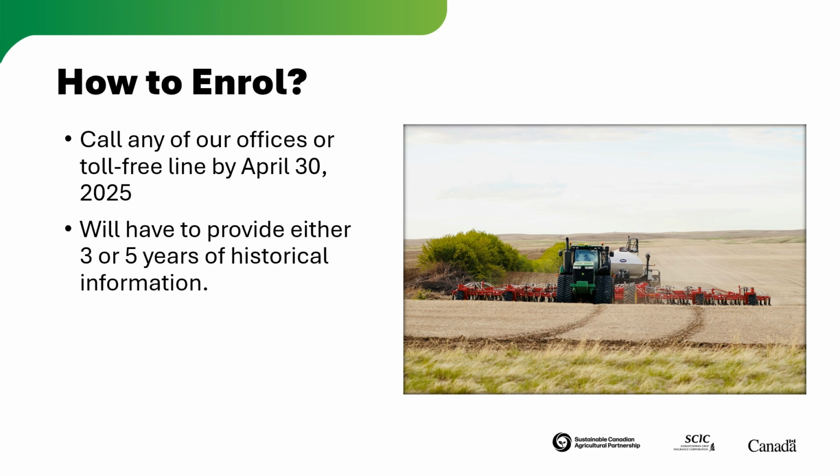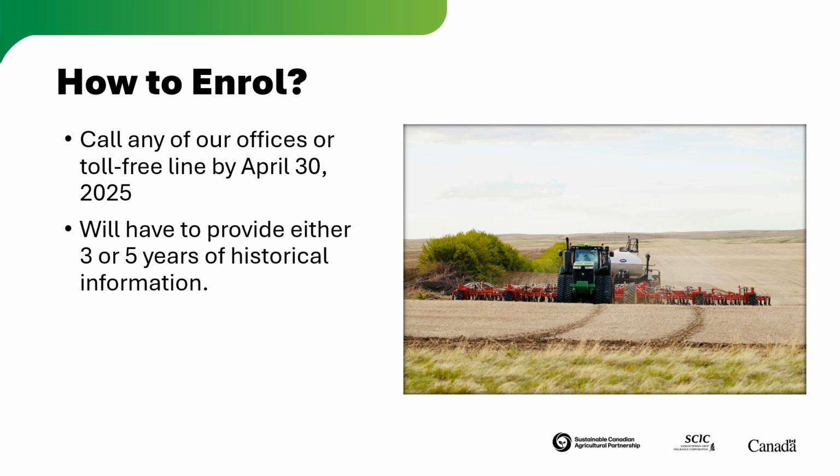For those participants that are new to AgriStability or returning maybe after a break of over 4 years, you have the option to submit either 3 or 5 years of historical information. So simplified participation is you just submit 3 years of history. It's a little bit easier, and to do that, you don't have as much paperwork and information to dig through. Standard participation, you could submit the full 5 years of history.